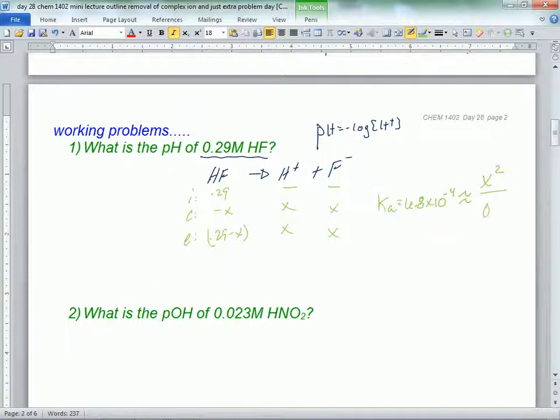And I can do that because it's 10 to the negative 4. That's just at the limit. Anything with a bigger Ka than that, we're screwed, but we'll live with it. Then we solve for x and go back to the ICE table to see what x actually is, because sometimes x is hydroxide, not hydrogen ion. Here, x is the hydrogen ion concentration, so we take the negative log of x, and we have our answer.